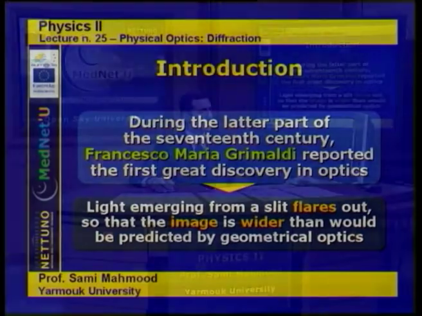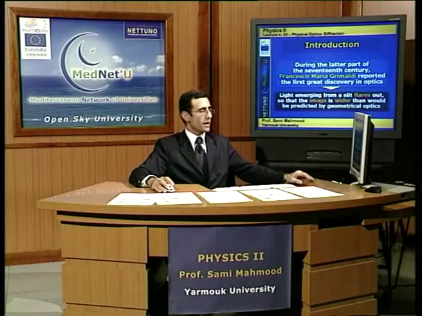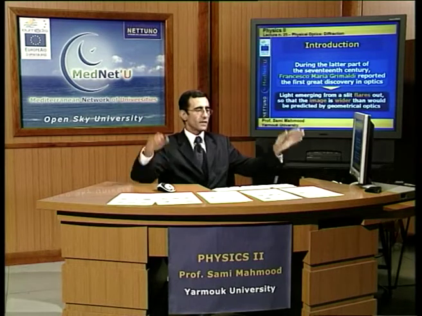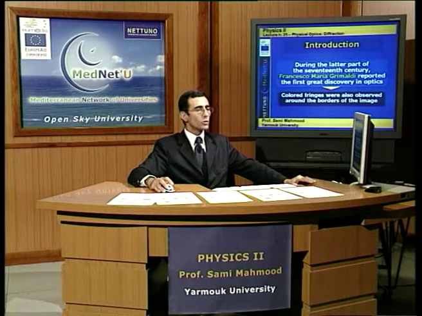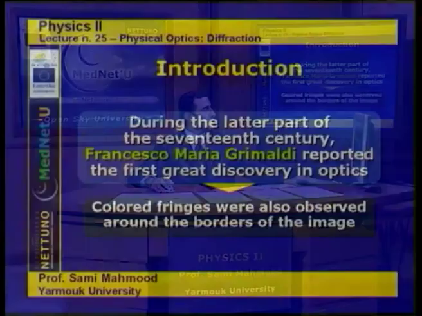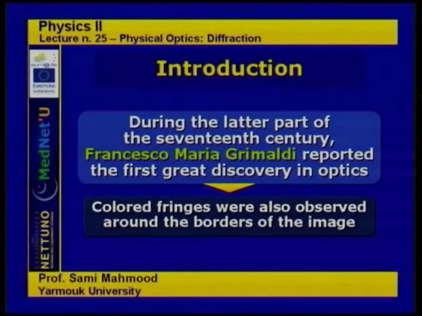So he realized that the image is wider than it should be. Light flares out, making a wider image. Colored fringes were also observed around the borders of the image.